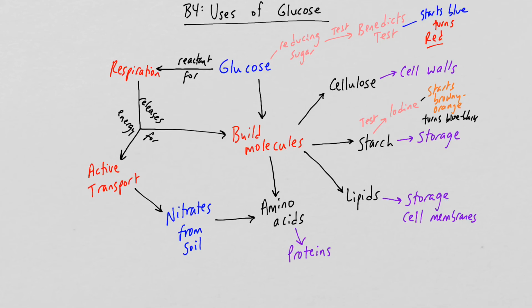For the lipids, we're going to do the Sudan 3 test. And what you end up with is a layer of red at the top. So for example, you might have a boiling tube that looks like this, and what you'll have is the lipids separating out at the top from the water and a red layer appearing.